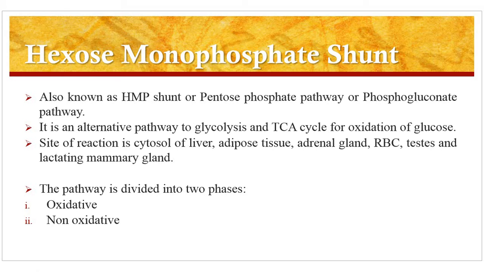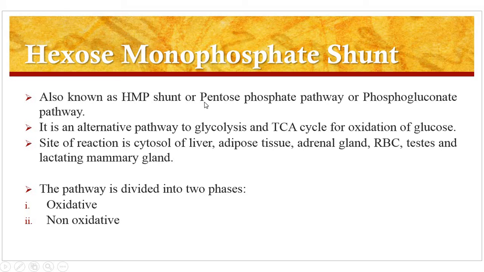It reconnects with glycolysis because two of its end products, glyceraldehyde 3-phosphate and fructose 6-phosphate, are intermediates which further go to the glycolytic pathway. It is for this reason that it is known as a shunt, as a shunt means to turn aside from one track to another.